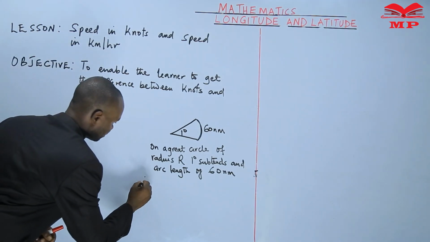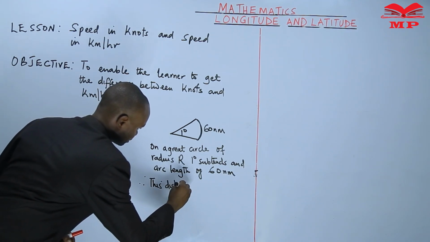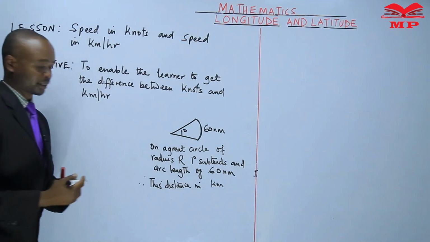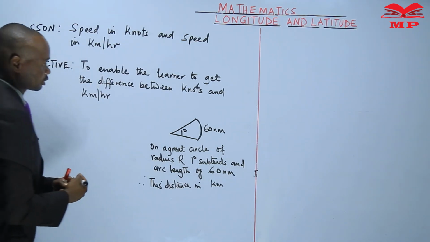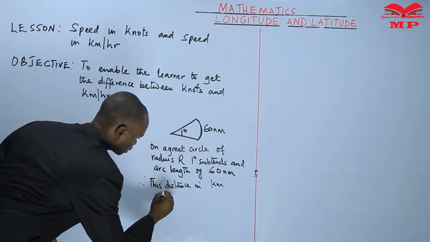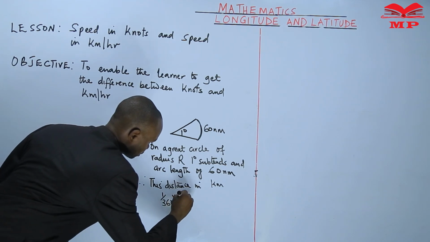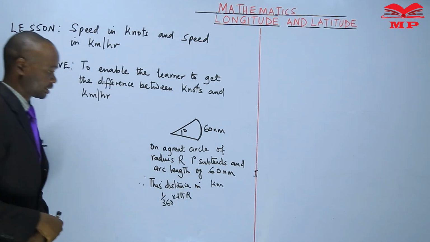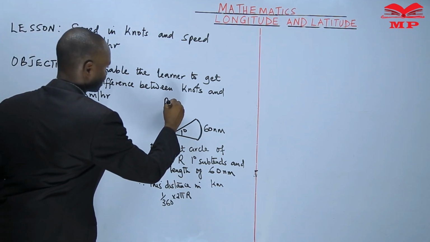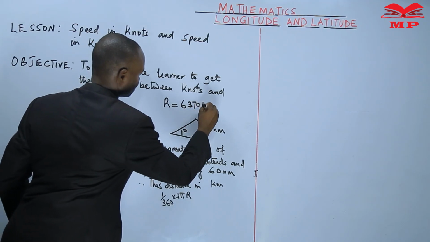So therefore, this distance in kilometers, because this is 1 degree, and a complete rotation is 360, it is 1 over 360 times 2 pi r. In this case, r is 6,370 kilometers.